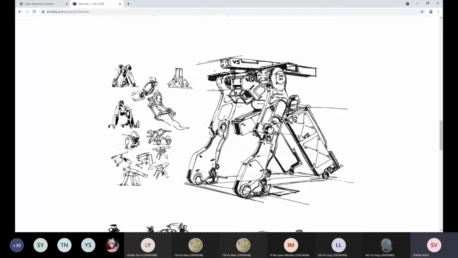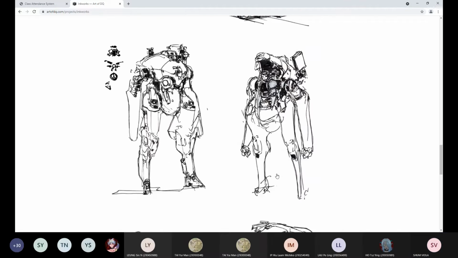So you have to think about how they stick together, how they attach together. You cannot just use some glue to stick them together. You need to use something to help them hold together. So you have to think about different joints and different parts of these elements.